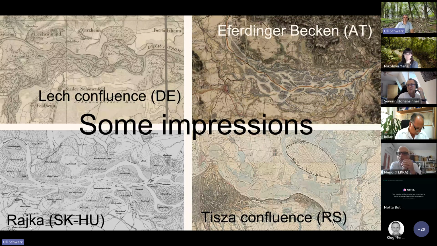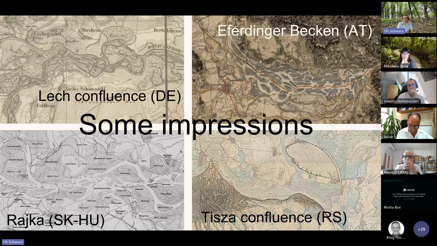Then you see the Efferdinger Becken. This is quite interesting, or fascinating in my opinion, in particular as it is the first basin downstream of the Inn confluence. The Inn is the biggest tributary of the Danube, very rich in sediment.